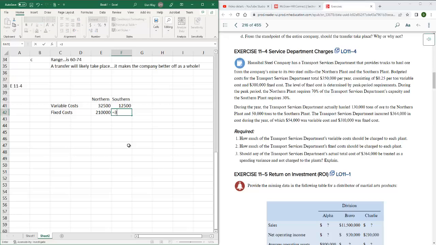We've got 30% of the fixed cost, again, that's the expected fixed cost of $300,000, for a total of $90,000. So let's foot our totals here across and down. Total variable costs charged then, $45,000. Total fixed costs we're saying are the $300,000, so we've accounted for everything here. And then let's get totals for the two plants. Northern we're saying would be charged $242,500. Southern would be charged $102,500.